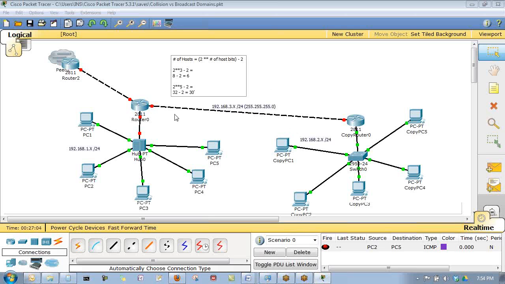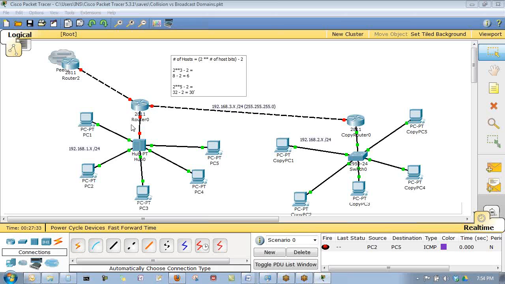Now, the question here is, how many subnets do I need? Your number of subnets is equal to your number of broadcast domains. So how many broadcast domains did we say we had? One, 2, 3, 4.